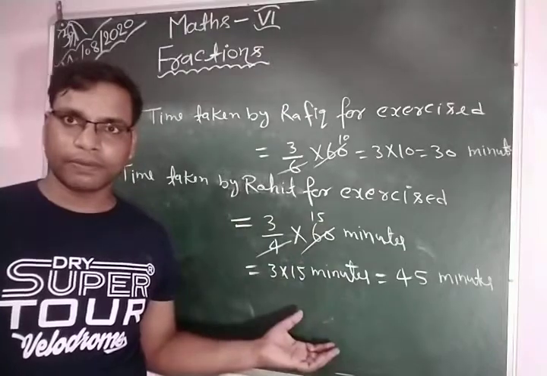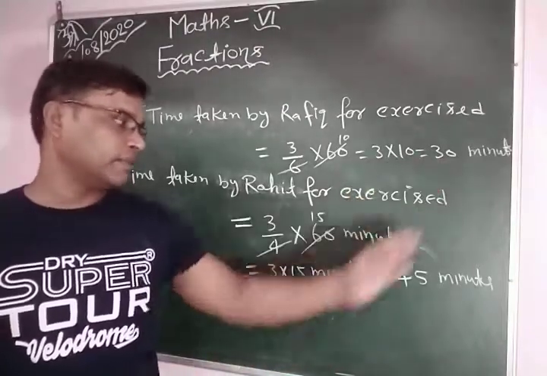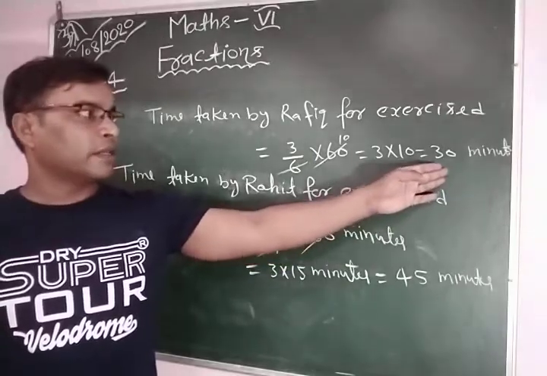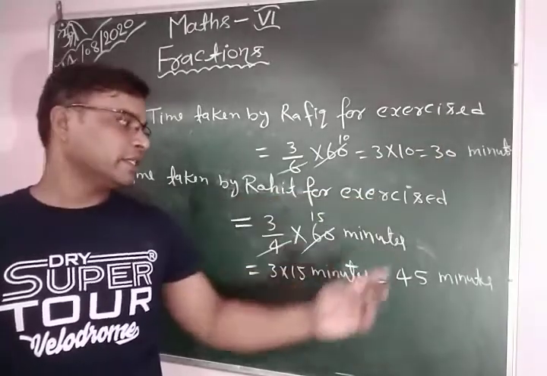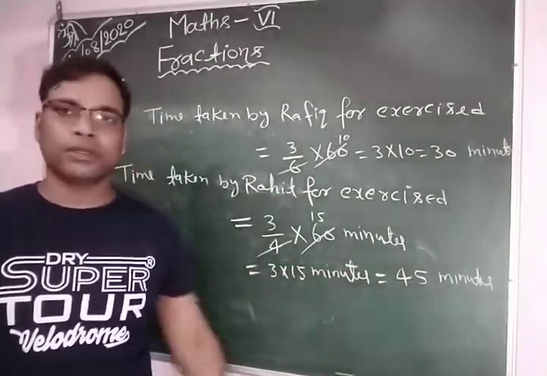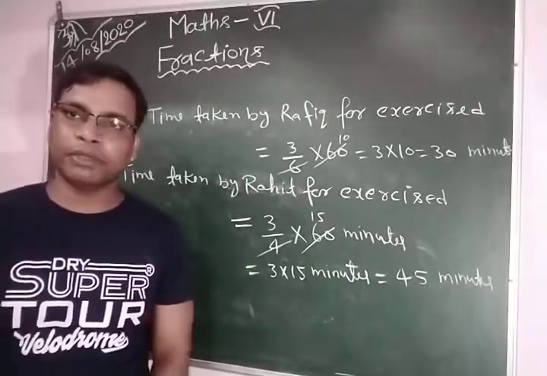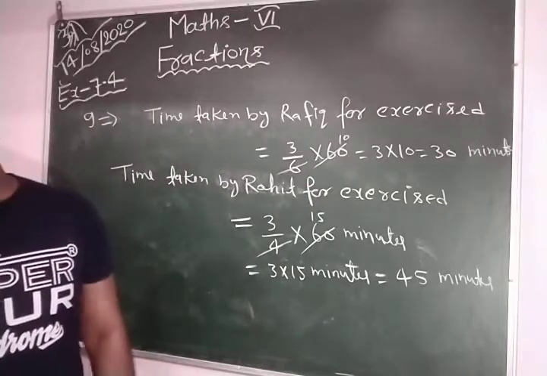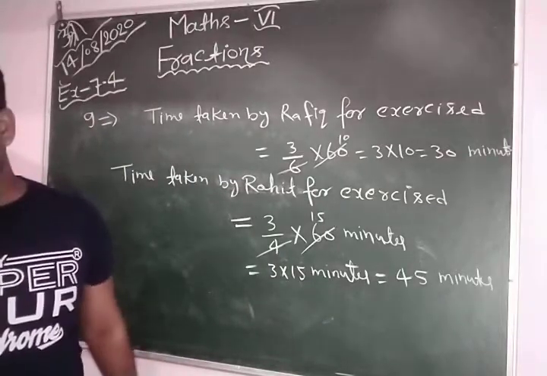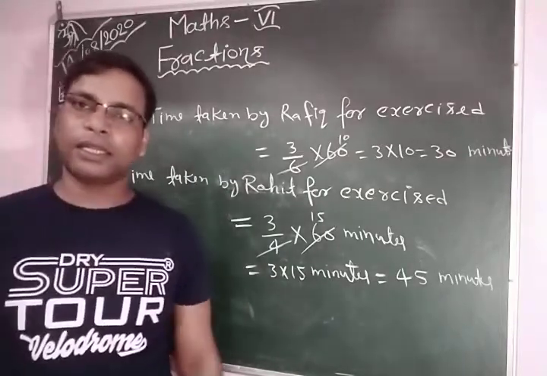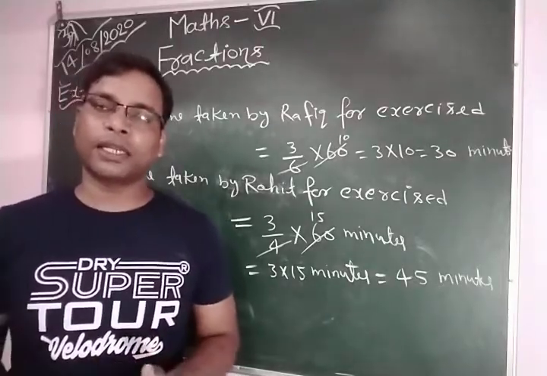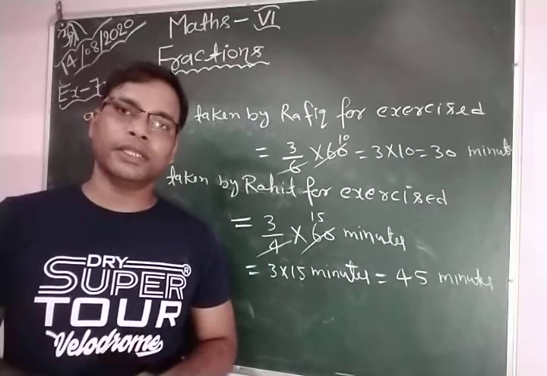You can see yourself. Okay, 45 is greater than 30. Rafiq's exercise time is 30 minutes, and Rohit's exercise time is 45 minutes. So you can say that Rohit exercised for a longer time than Rafiq.